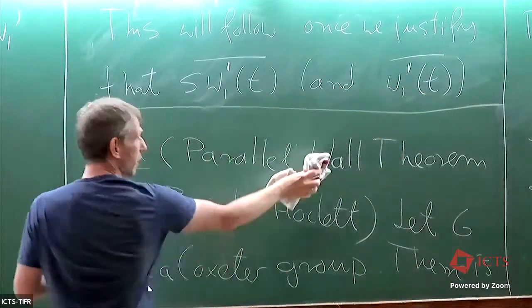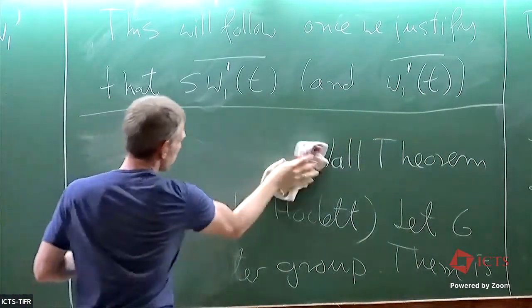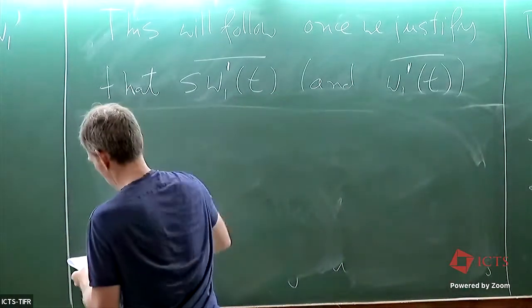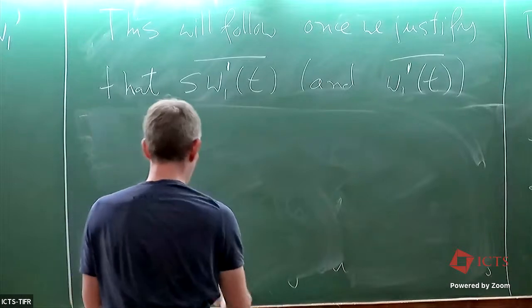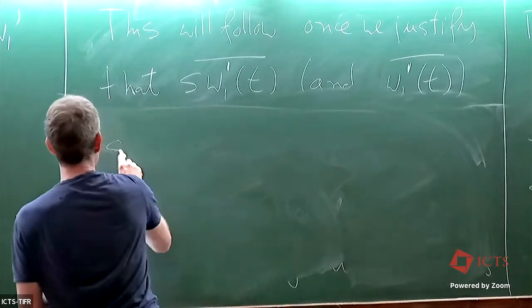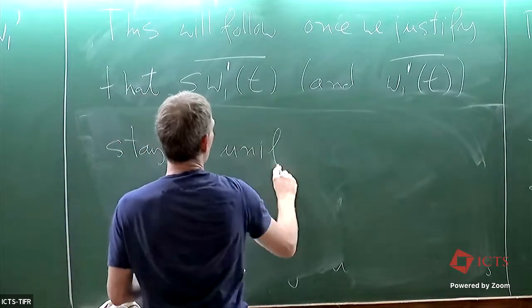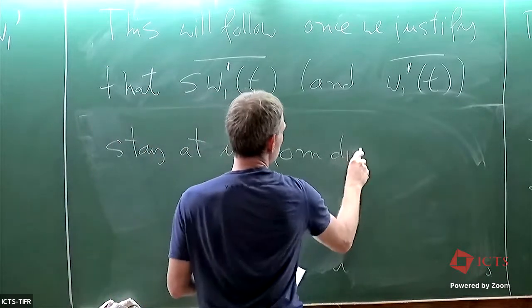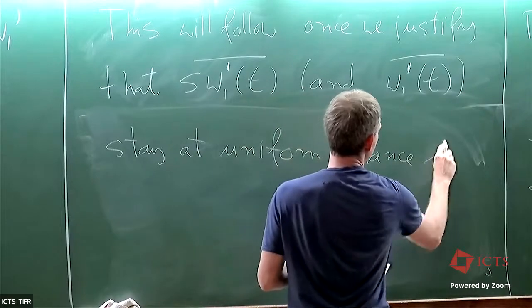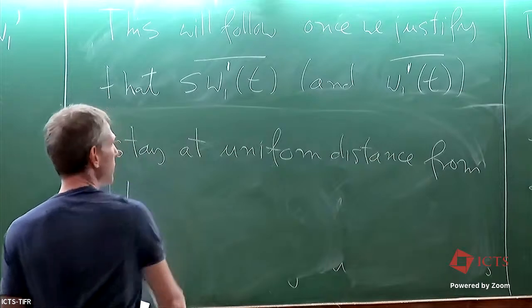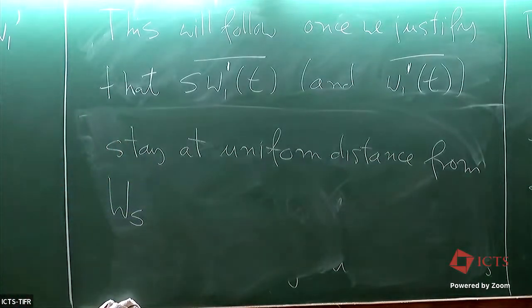And let me erase the parallel wall theorem because you have a figure on the right. So we need to prove that they stay at uniform distance from the wall WS, independent of anything, just the group.